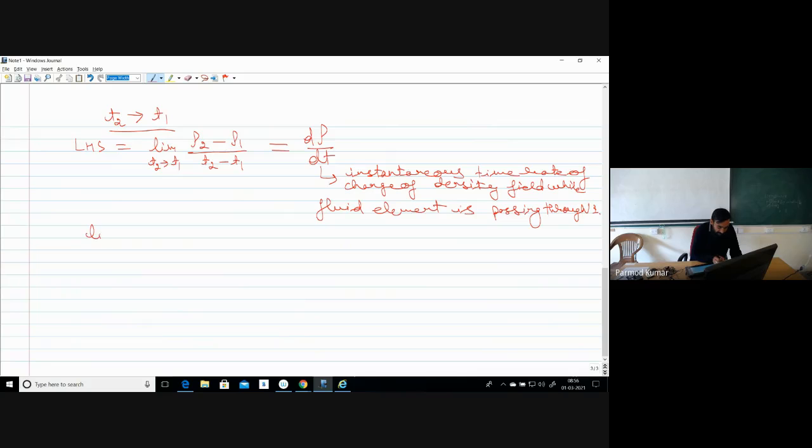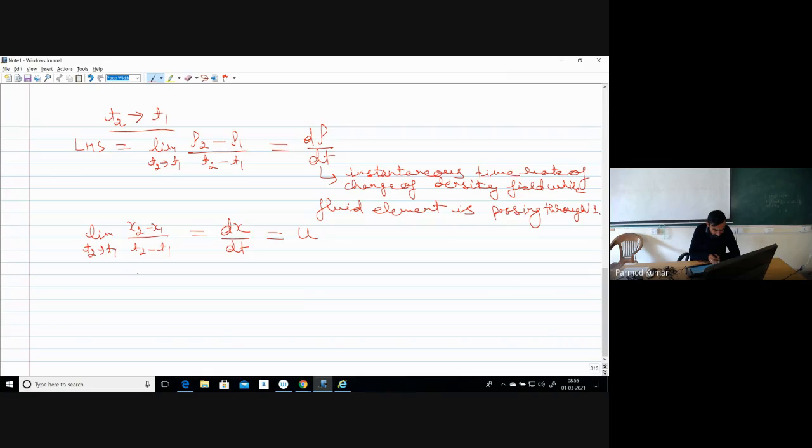Similarly, while we are limiting time T2 to T1, we have the term (x2 minus x1) divided by (t2 minus t1). That becomes equal to dx by dt, which is nothing but u, the x direction velocity of the fluid element.